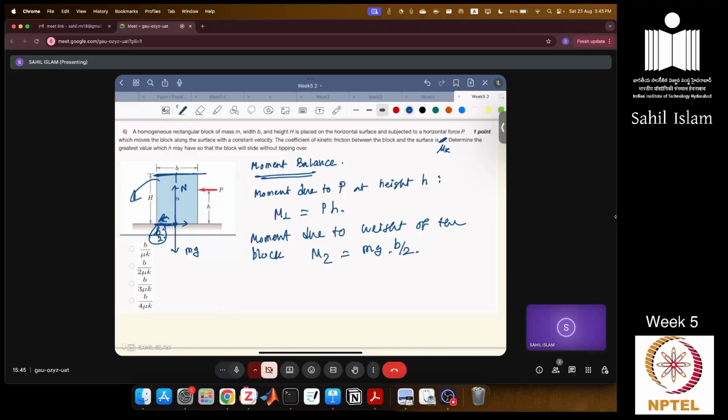So this should be m1 equals m2 for not tipping over.